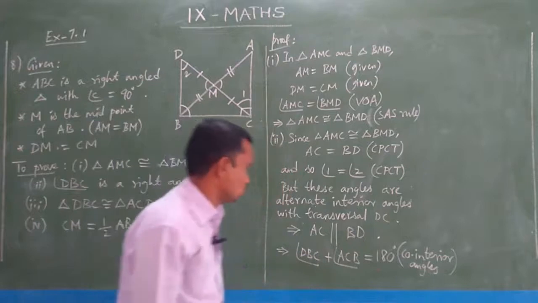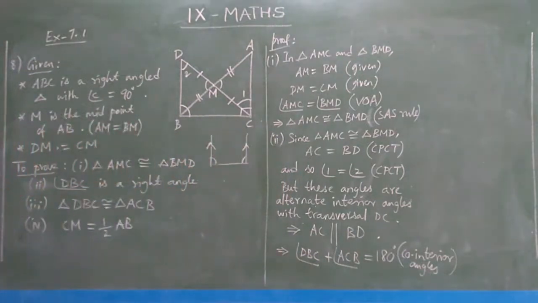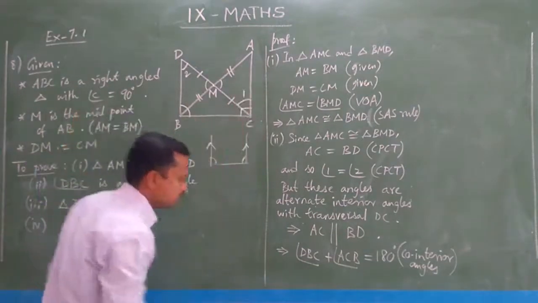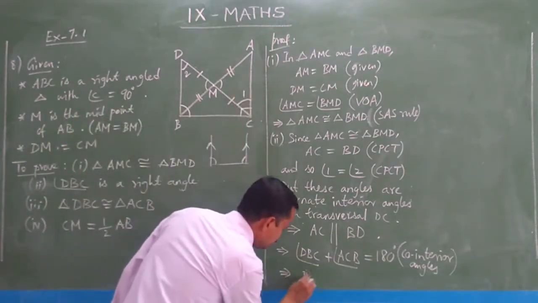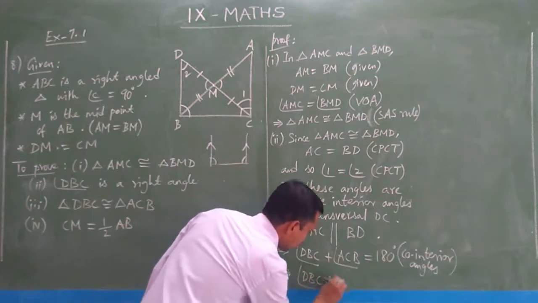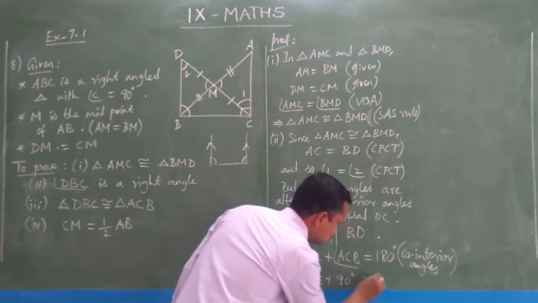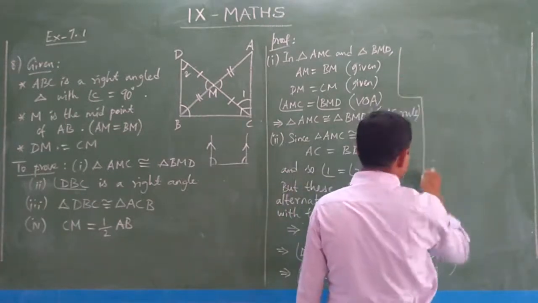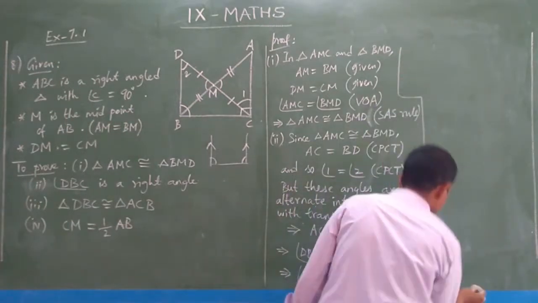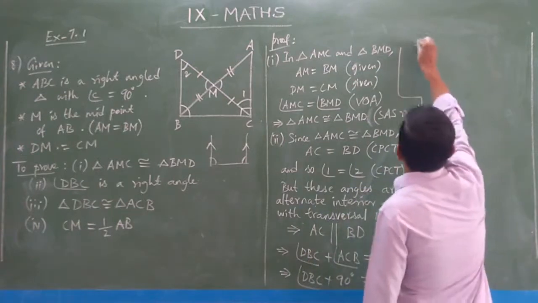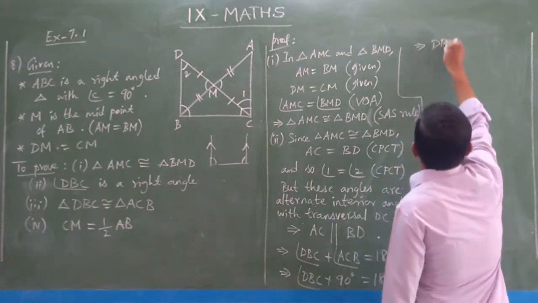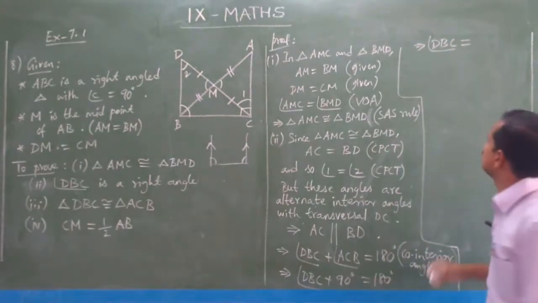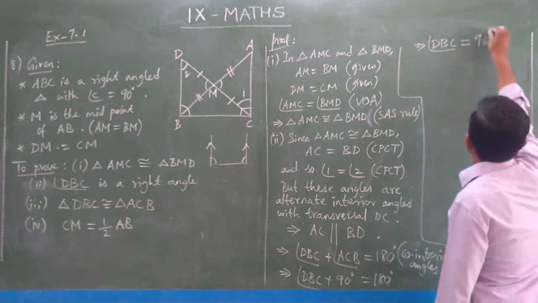So these two angles are 180, and already we have that angle C is 90. That means ACB is 90. So this implies DBC plus 90 is equal to 180. Therefore, angle DBC is equal to 180 degrees minus 90, which is 90 degrees.